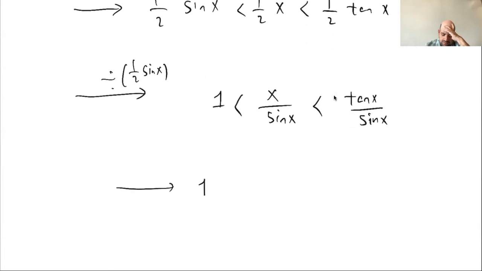And this means 1 less than x over sine x less than, well, tan x over sine x, where tan x itself is sine x over cos x. Then divided by sine x, I'm going to get 1 over cos x.